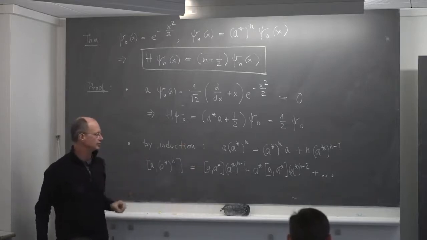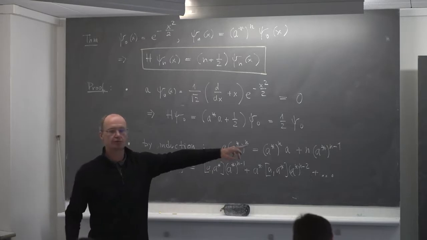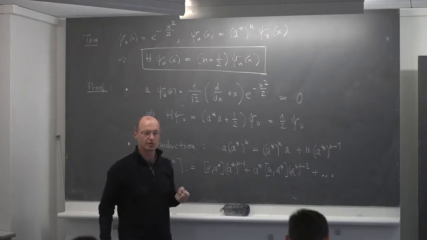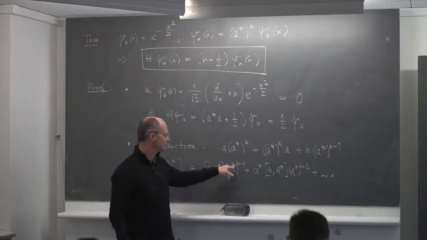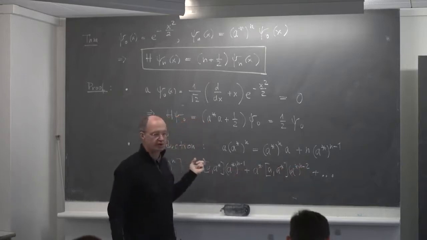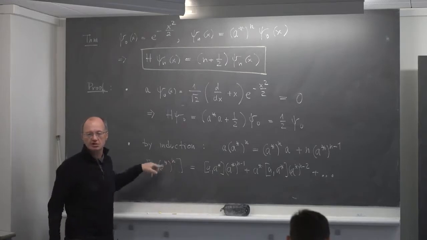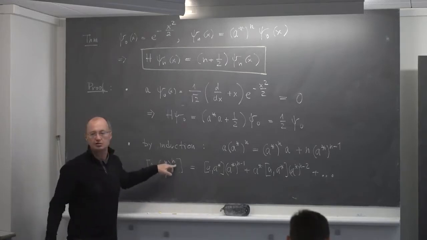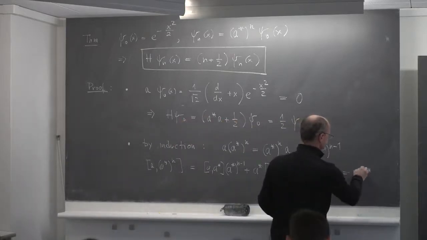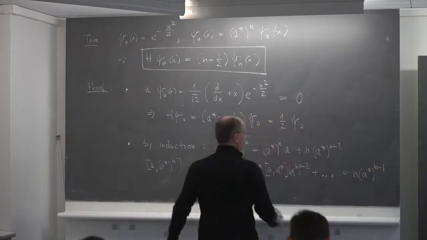But now each of those commutators is equal to 1 according to my previous proposition. So the remaining terms are a star to the power n minus 1. Now how many terms do you have? You have exactly the number of terms which is equal to the number of a stars in the formula. So it is equal to n a star to the power n minus 1.